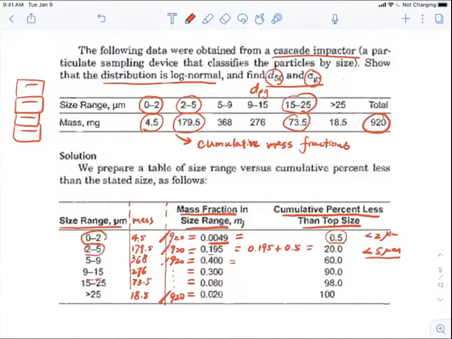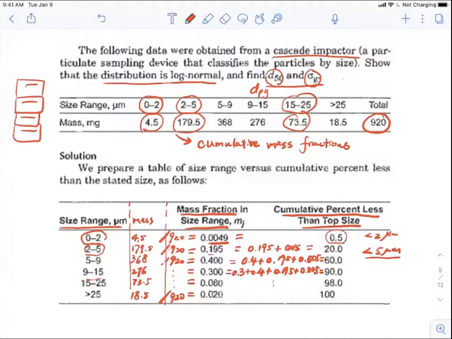And then here is going to be 0.4 plus 0.195 plus 0.005. That's 60%. And then this is 0.3 plus 0.4. That's 90% and so on.